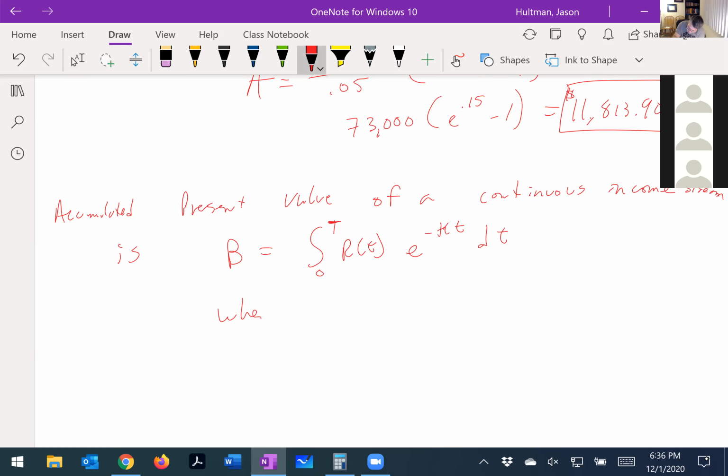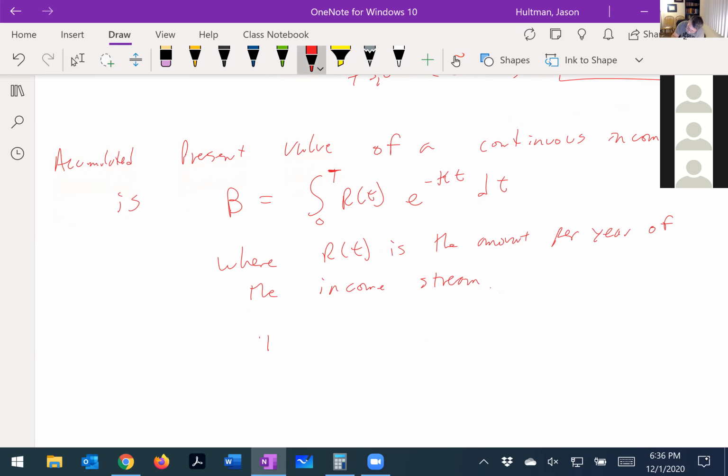Where r of t is the amount per year of the income stream, and T is the income stream period.